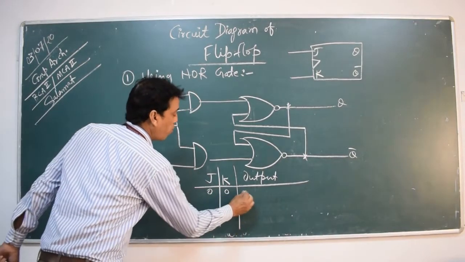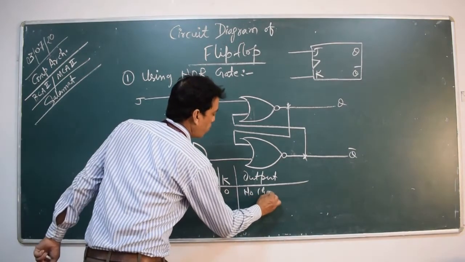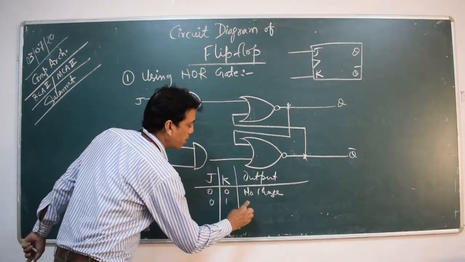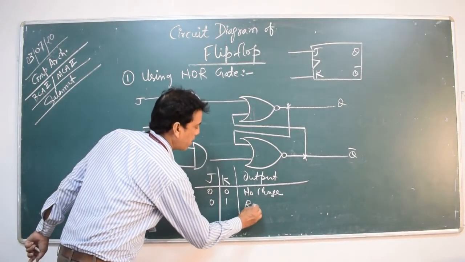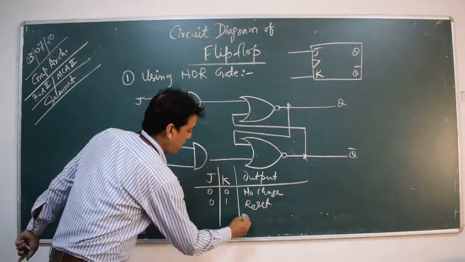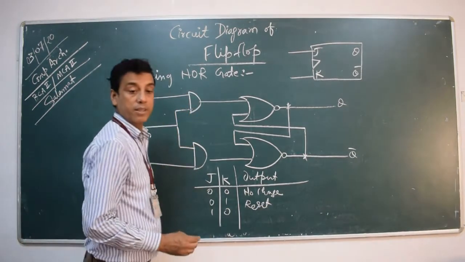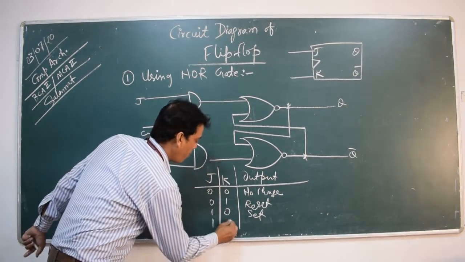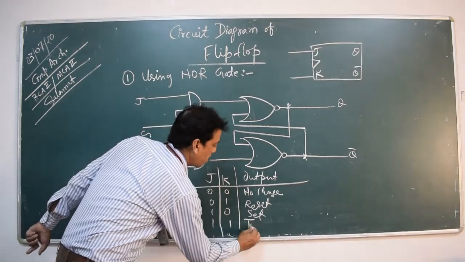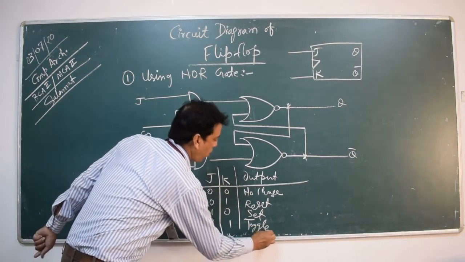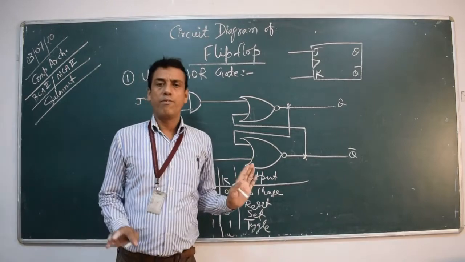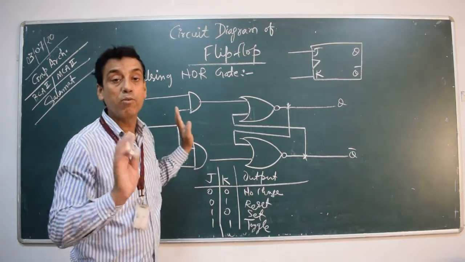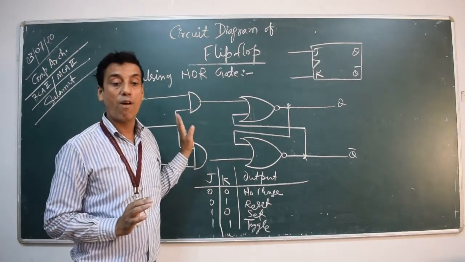0, 0 is known as no change. 0, 1 is known as reset, and 1, 0 is known as set, and 1, 1 is known as toggle. Using very simple words, I have explained the design of flip-flop.